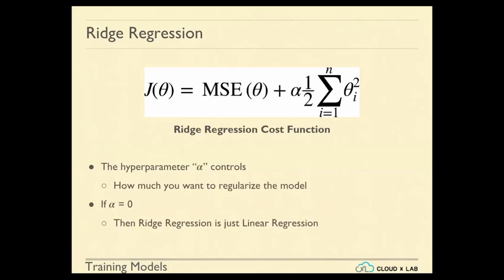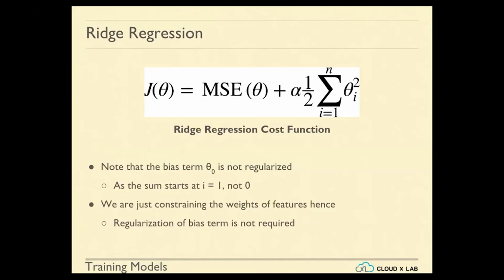Note that the bias term theta naught is not regularized, as the sum starts at i equals 1, not at 0. We do not want to penalize based on theta naught, because we are just constraining the weights that multiply with each of the features.